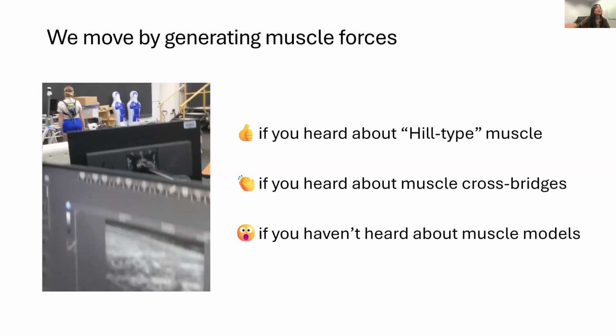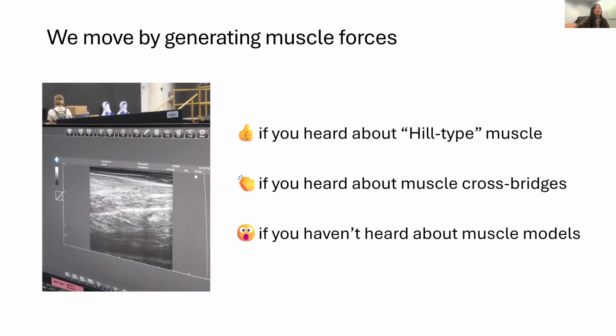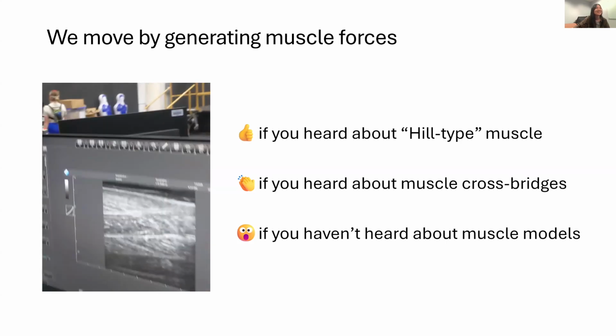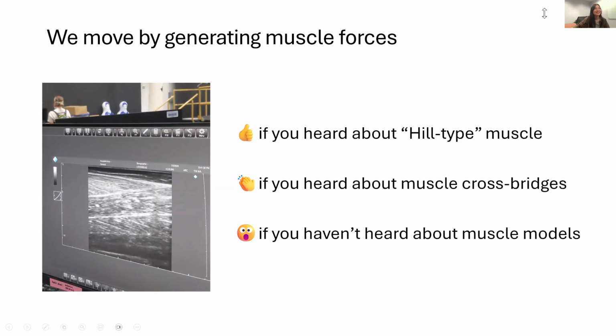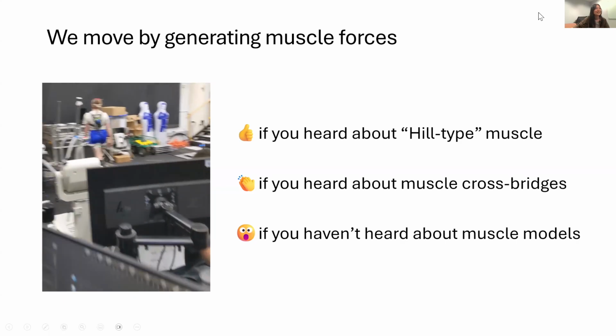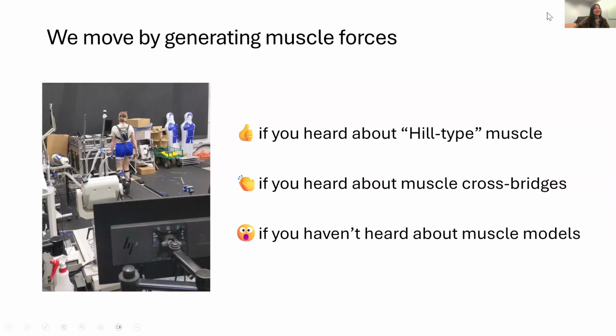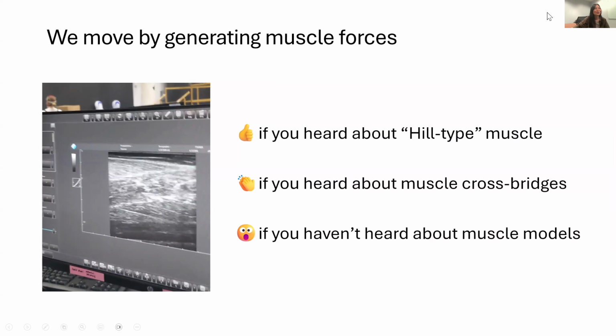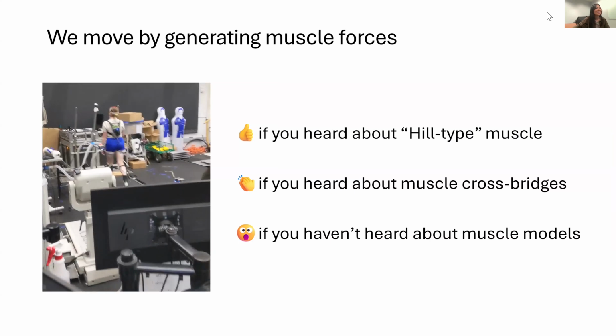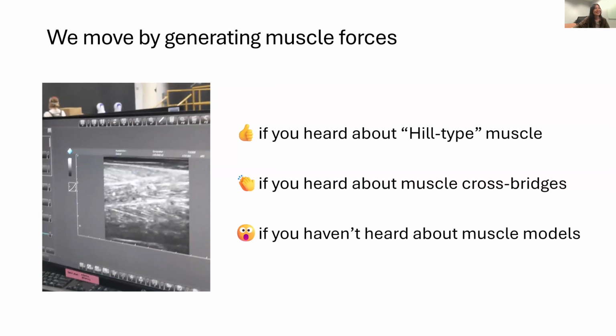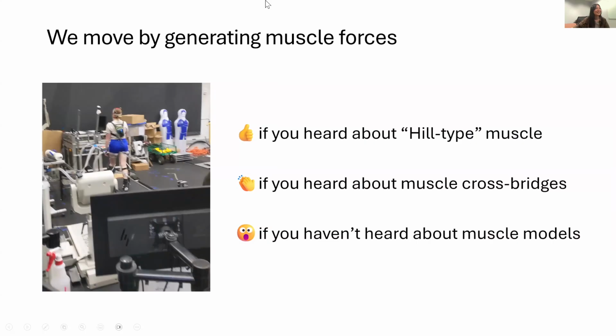Okay, some thumbs up for the Hill-type model. How about cross-bridges? Okay, yeah, a little bit. Anyone who has never heard about muscle models? All right, cool. Thank you.